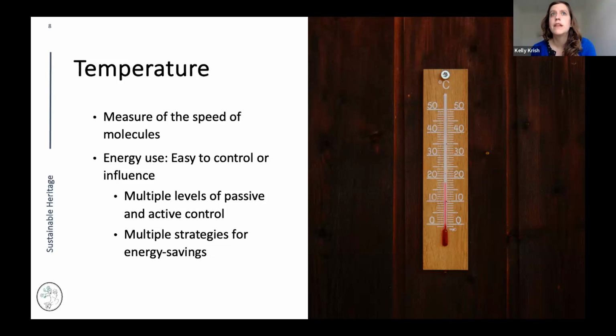So usually with exhibit cases or storage boxes, those don't tend to do a lot to slow down temperature changes. But there are a number of ways to kind of prevent inappropriately high temperatures from causing damage to collections, as well as active control and ways to do so in more energy-saving ways.